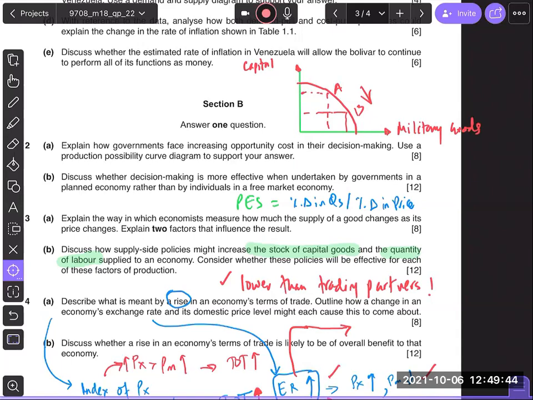That is one reason why over time we are seeing fewer planned economies and more economies that use the market forces of demand and supply. Make sense, guys? So we talk about this. Any questions, guys?